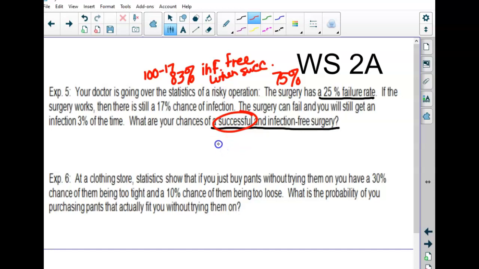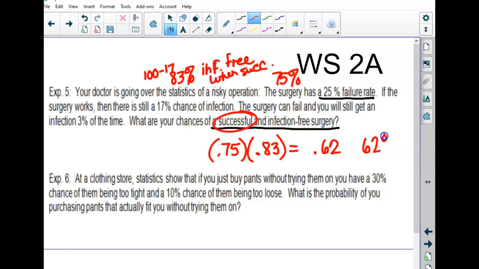So we have a 75% chance of surgery being successful and an 83% chance of not getting an infection when it was successful. Can anybody tell me what that becomes? 62%.